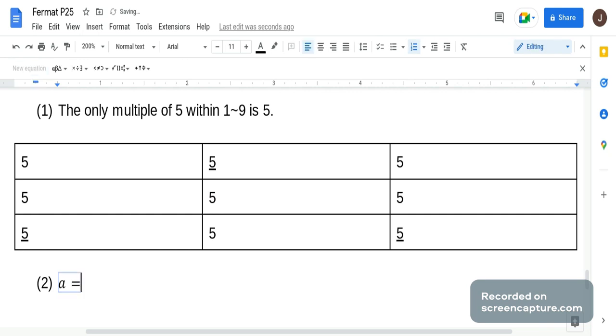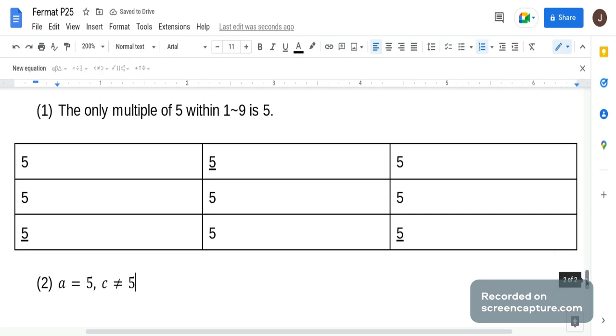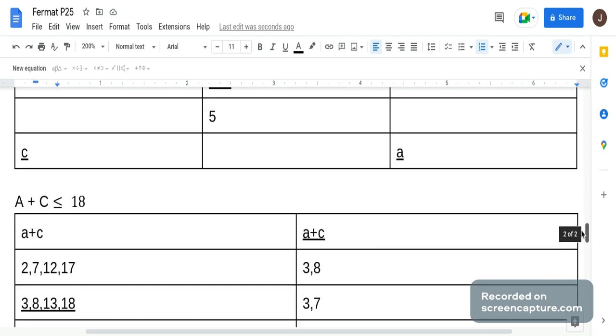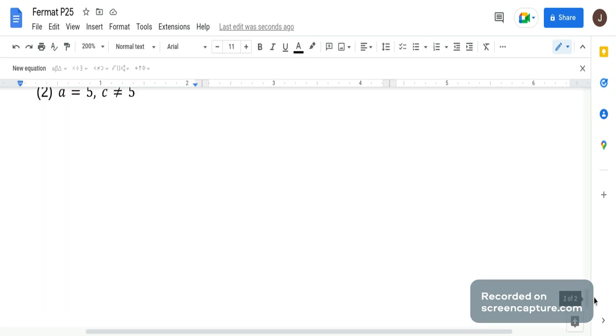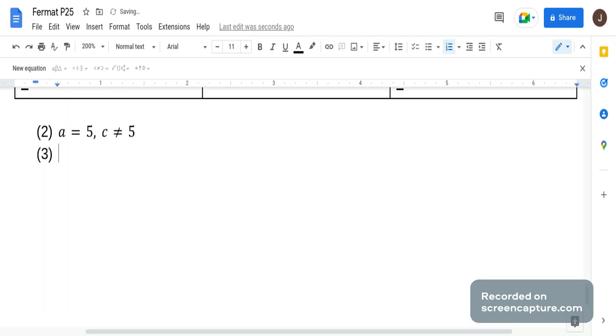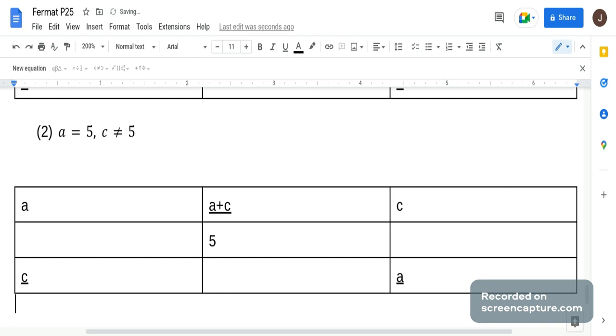A is equal to 5, C is not equal to 5. We then copy back the graph again here. Just wait for a sec. So if A is equal to 5, we have only one choice for it.